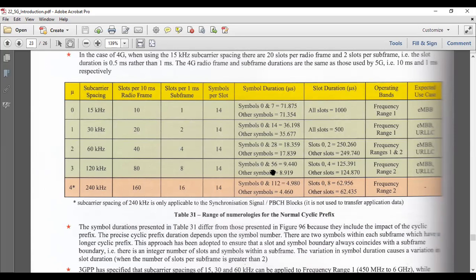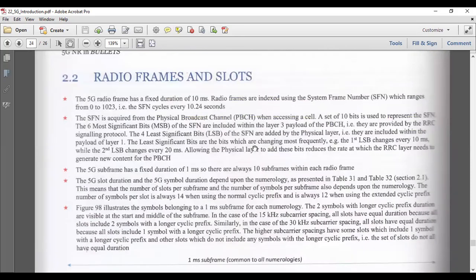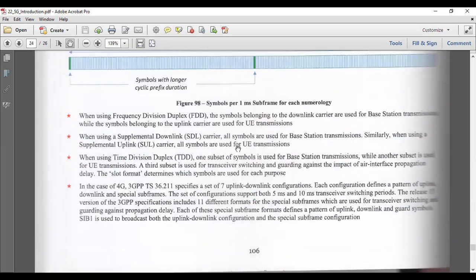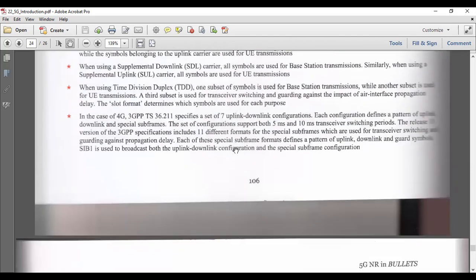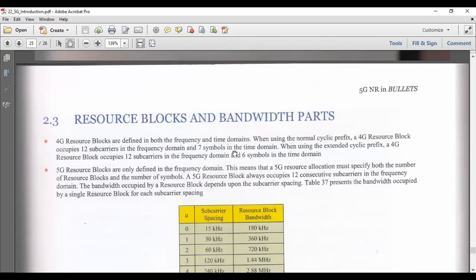A few symbols, two symbols, have a slightly different length from all the other symbols, which are of equal length. So the term slot is more commonly used here.